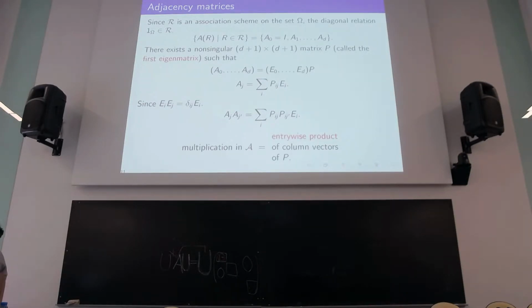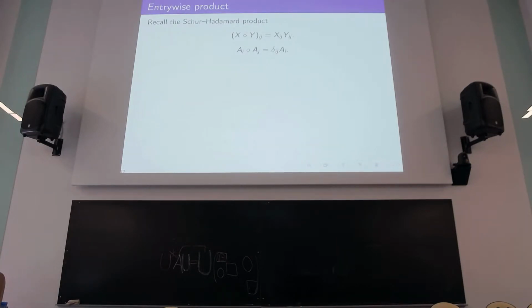In other words, we have an expression of adjacency matrices in terms of column vectors of P, and column vectors are multiplied component-wise when you multiply adjacency matrices. So the multiplication in the adjacency algebra written with respect to the basis of adjacency matrices is the same as the entry-wise product of column vectors of P, because the column vector expresses the adjacency matrix. So this is how we understand the commutative algebra of adjacency matrices.